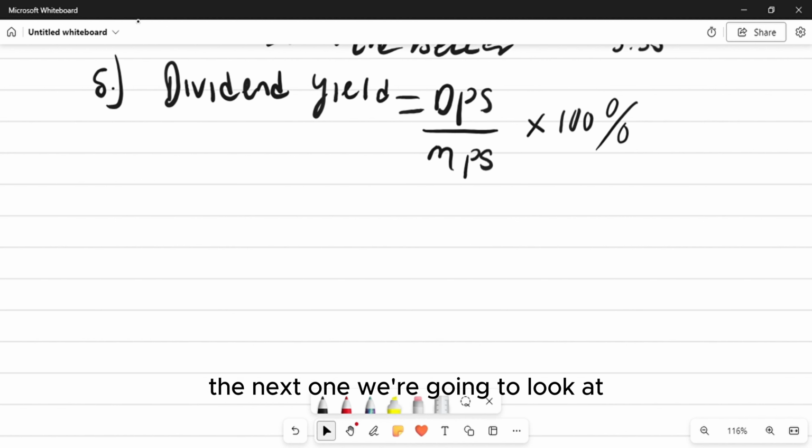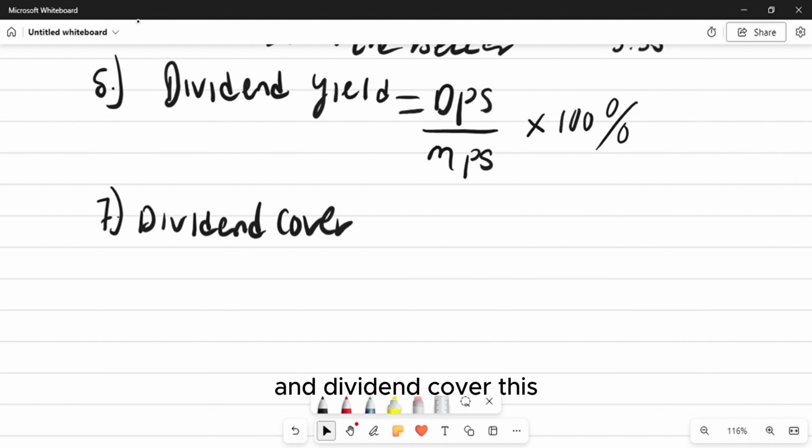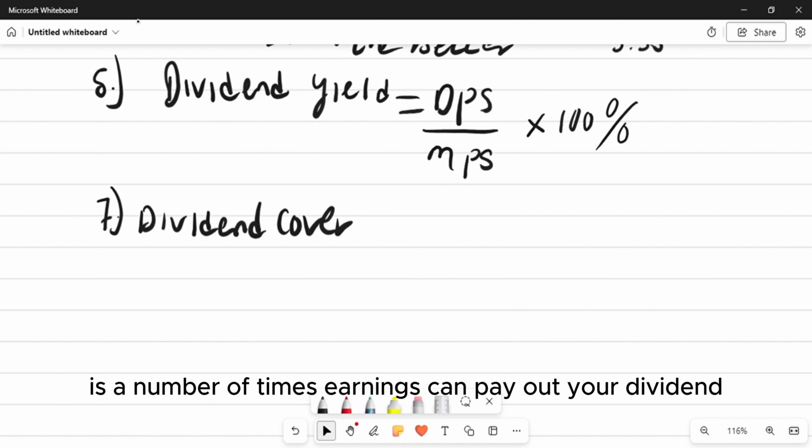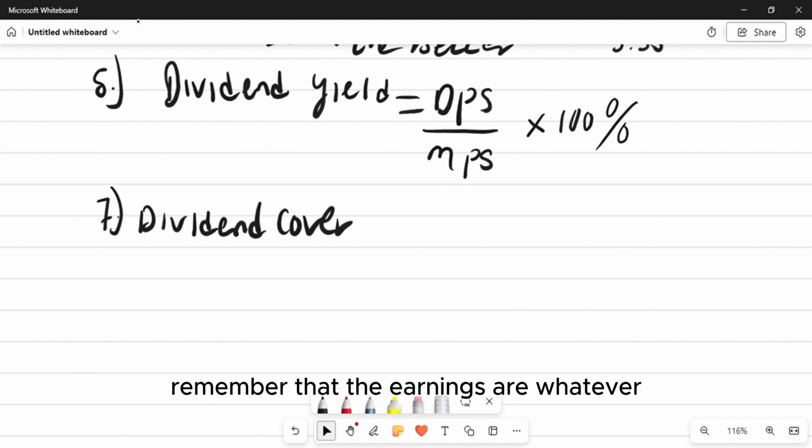Next one we're going to look at is our dividend cover. Dividend cover is the number of times earnings can pay out your dividend. Remember that the earnings an investor earns in a particular year are not all paid out as dividend.